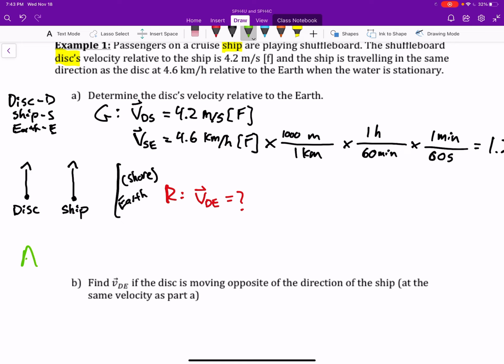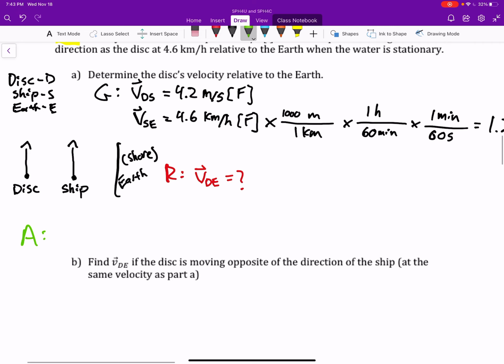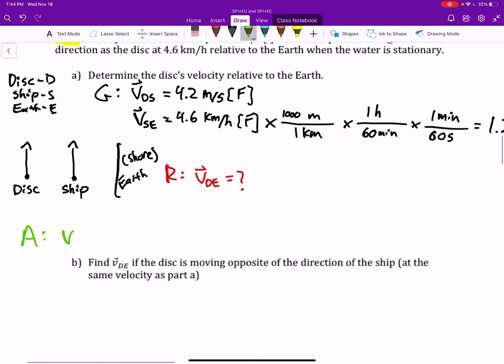For our analysis step, we can determine the VDE by examining what combination of the other velocities will give us disk relative to Earth. We can see that if we combine the velocity of the disk relative to the ship and we add that to the velocity of the ship relative to the Earth, my S for ship is now the second subscript of the first velocity, and it's the first subscript of the second velocity.